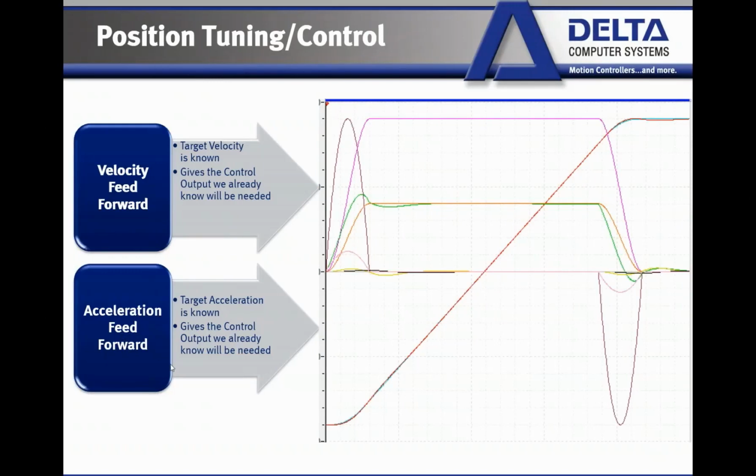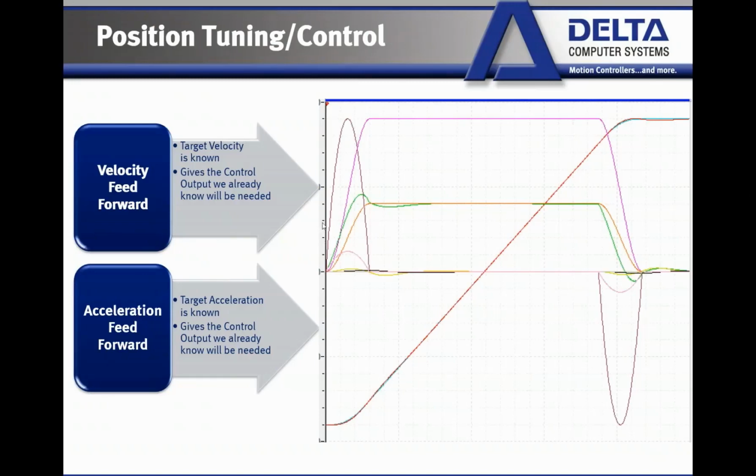The acceleration feed forward works similarly, but instead of helping us with this constant velocity portion, you can see here this pink line, constant velocity, and you can see that it becomes a straight line here in the position. But the acceleration feed forward isn't going to help in this area that the velocity feed forward was helping us in. Instead, it's going to help us out at the beginning of our moves and at the end of our moves.